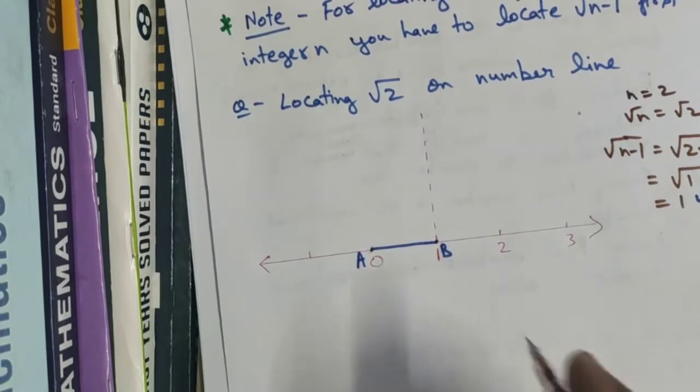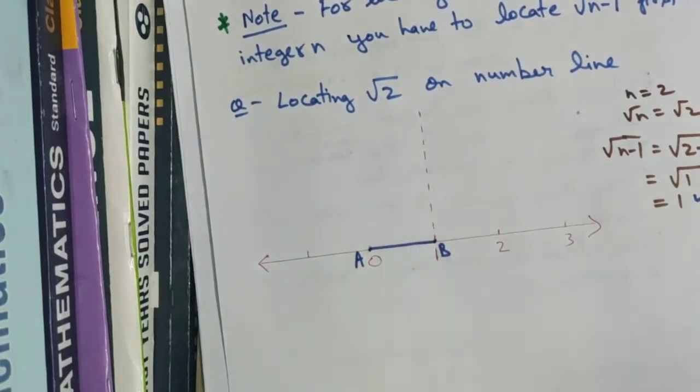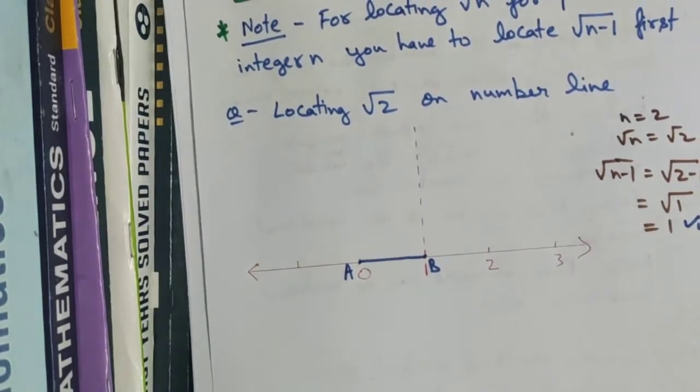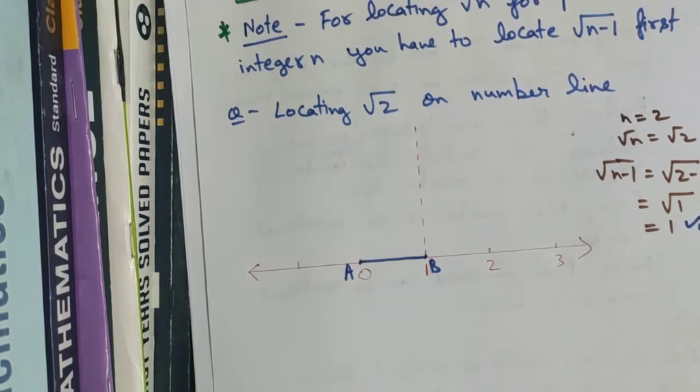I have drawn it using the protractor. Now from B we have to draw BC equal to 1 unit.